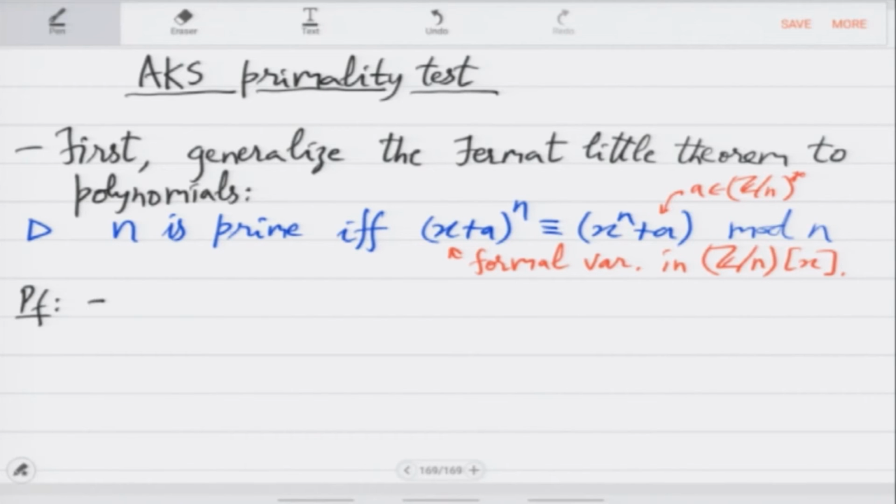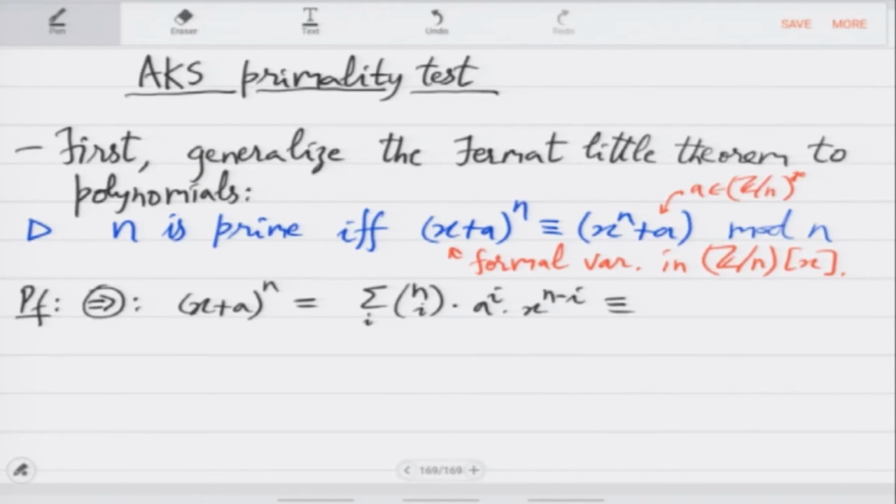So, in the forward direction, you write the binomial expansion: (x plus a) to the n is the sum of n choose i, a to the i, x to the n minus i, and then you observe that mod n, since n is prime, all these n choose i's are 0 except 2, the first and the last.